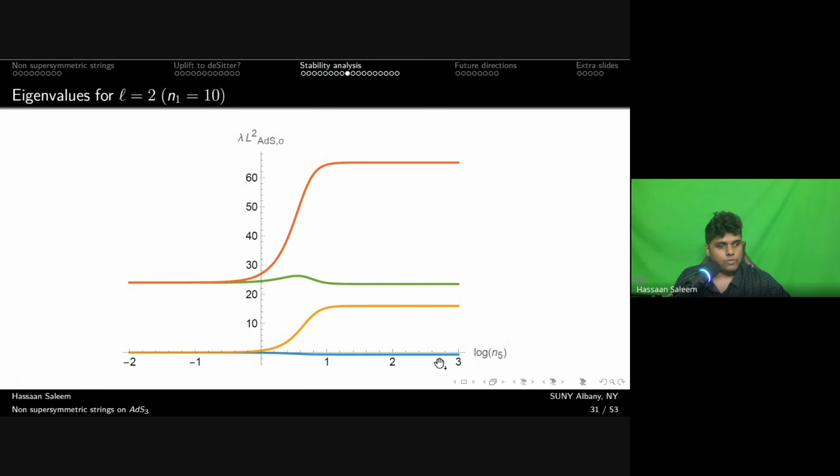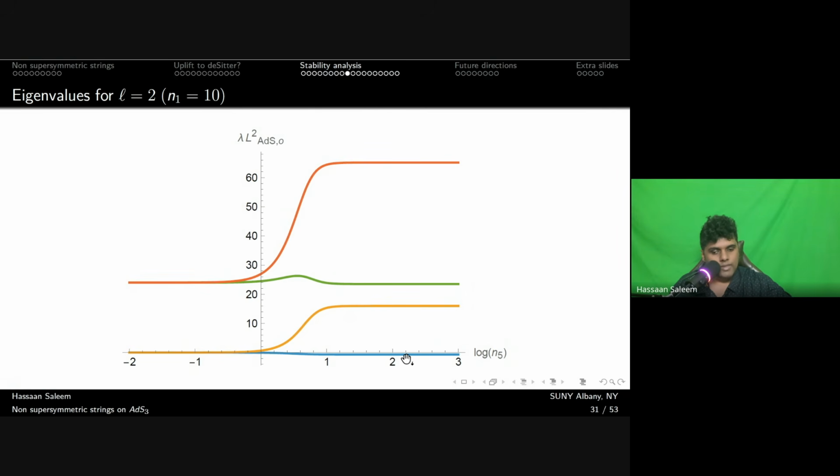Now, if I remind you, I told you that the BF bound for scalars in AdS_{d+1} is minus d squared over 4. If you have AdS3, then d is just 2, which means that d squared over 4 is 1, which means that the BF bound is -1. It means that if we ever get an eigenvalue that goes below -1, then the BF bound is violated.